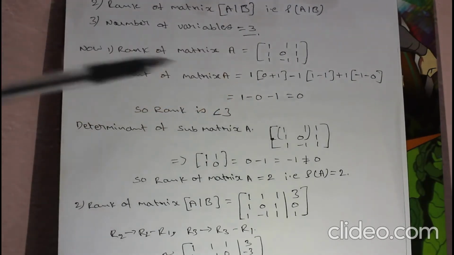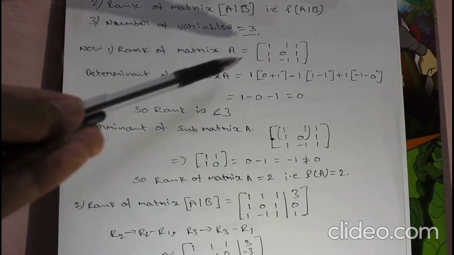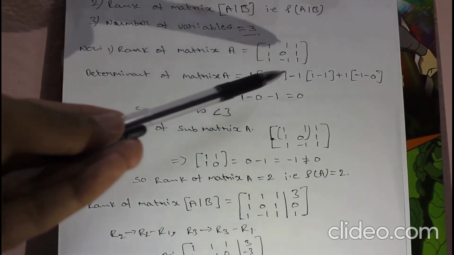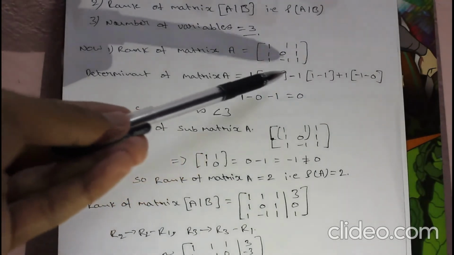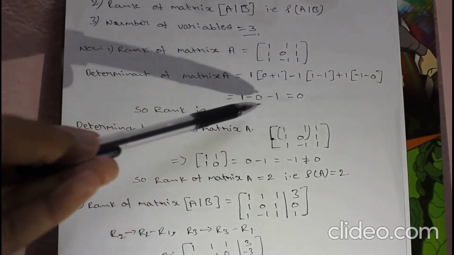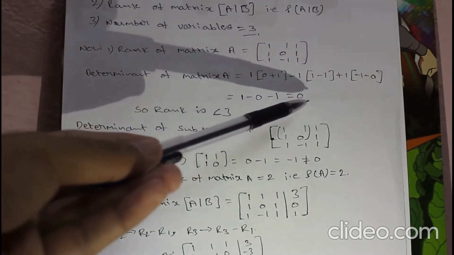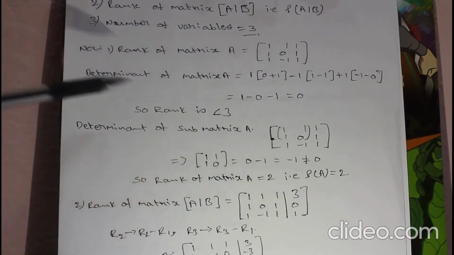That is 1 minus 0 minus 1, so 1 minus 1, total 0. So rank is less than 3.